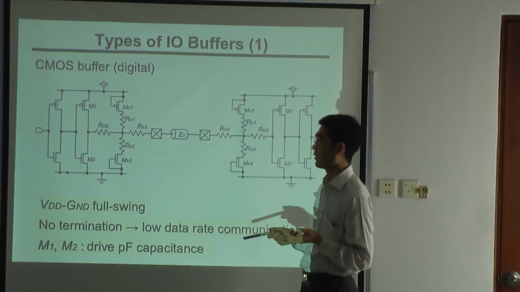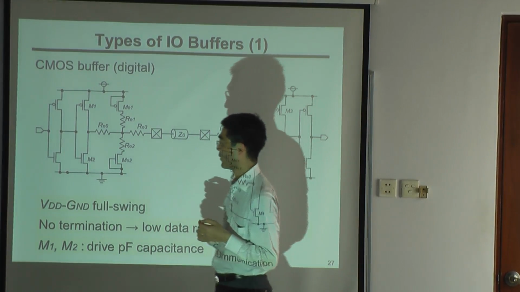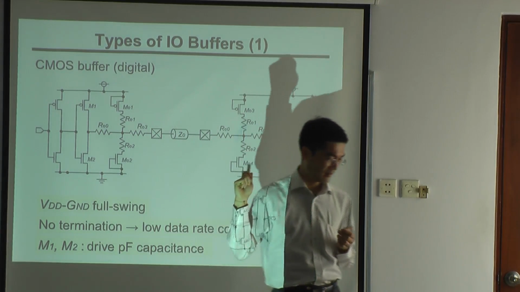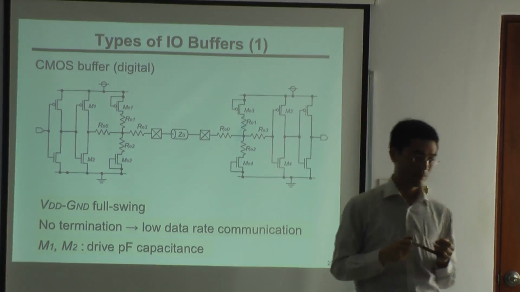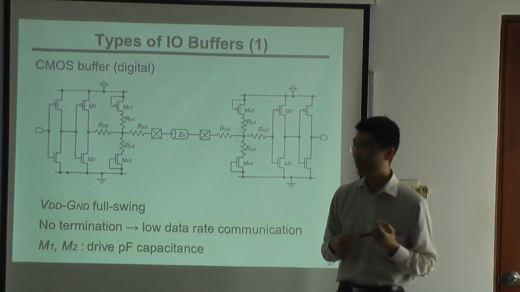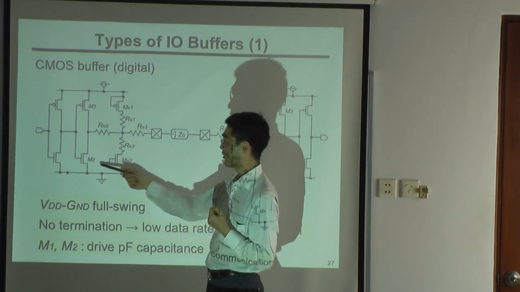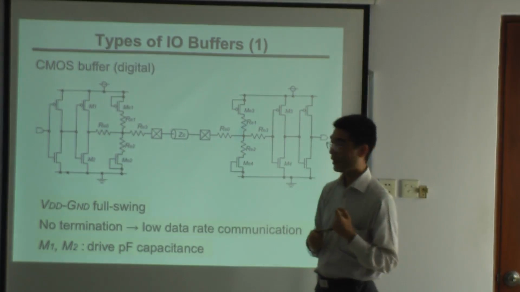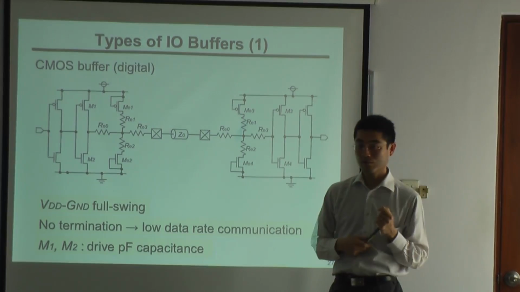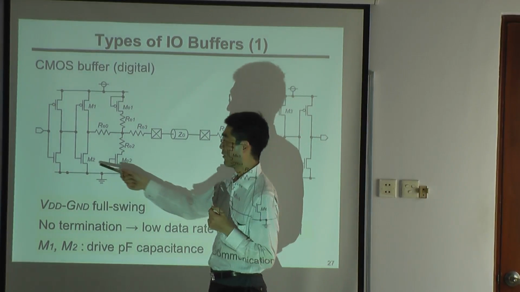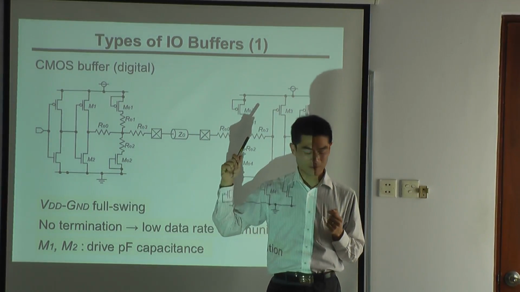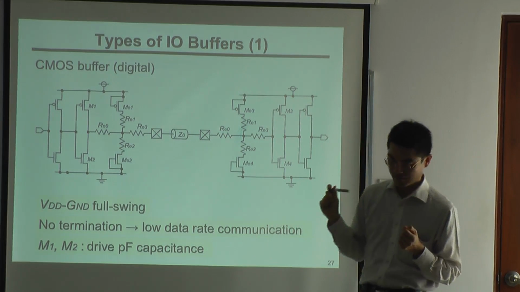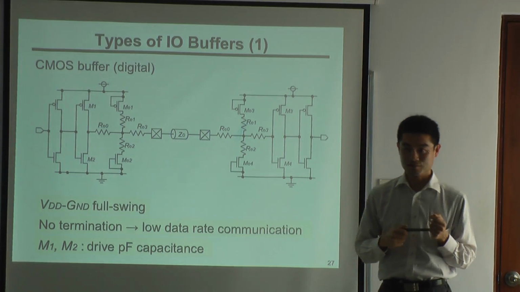Very large means, for example, recently I use 0.18 micron. For 0.18 micron, the transistor size is about 100 micron. And for 28 nanometer technology, the transistor size is about several tens of micron.